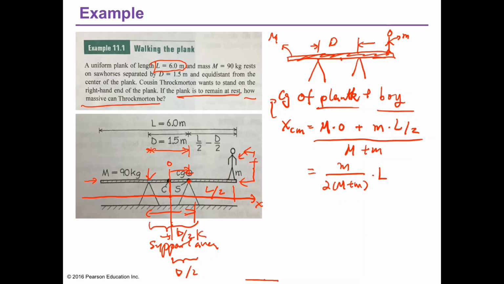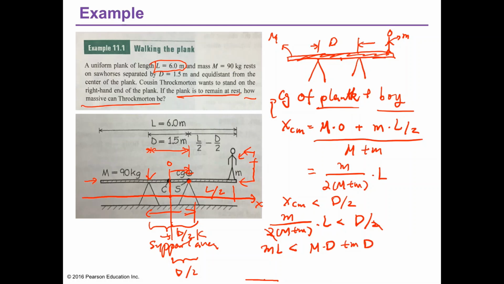So basically we want this center of mass to be smaller than d over 2, right? That basically gives small m divided by 2 times big M plus small m, times L, smaller than d over 2. If we write this out, the 2s cancel out, and we have m times L smaller than big M times d plus small m times d.